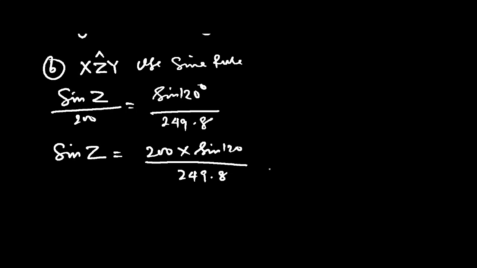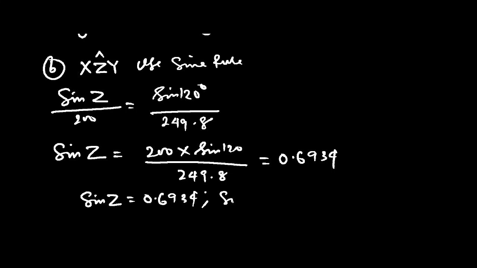And this should give us, when you press your calculator, 0.6934. All right. So I'll have that the sine of Z is equal to 0.6934.